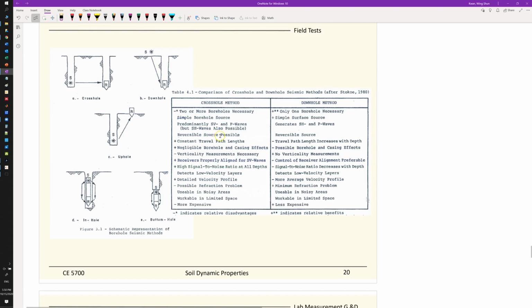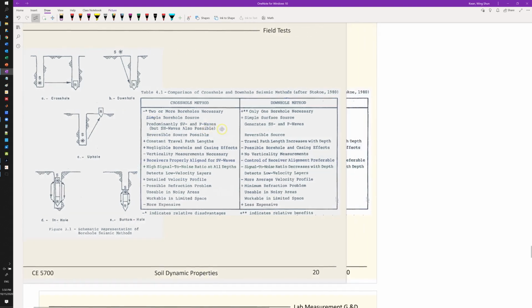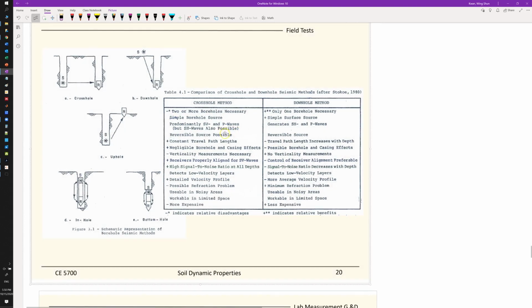So that's a different type of method available, and this table compares the advantages and disadvantages of the two methods. Crosshole needs two boreholes. It is simple in terms of data interpretation. You can obtain both P wave and S wave, and you may be able to get another direction of the shear wave. Shear waves can come in orthogonal directions.